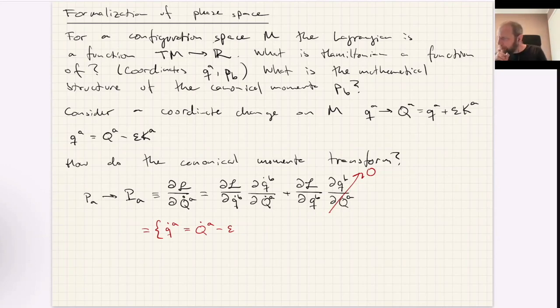Let's see what I want to do. No, I want to do the following, right? It's some function generally of q. So I just want to write this as the dK^a/dq^b, because it only depends on the q's, right?